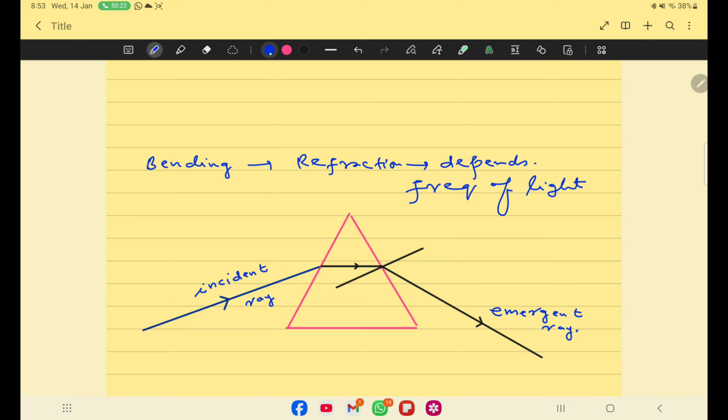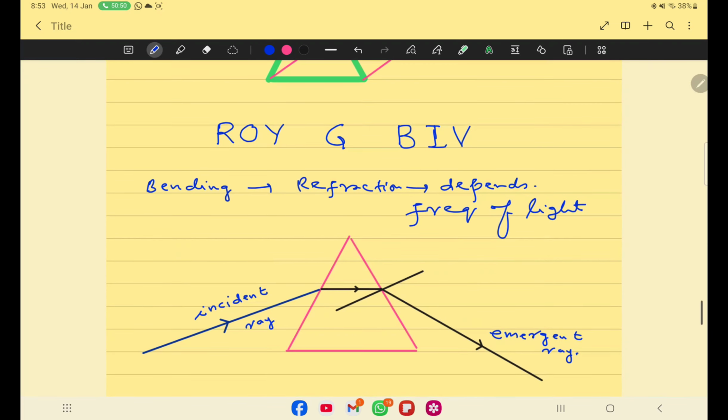And you should know, sir, there are seven colors in white light. These seven colors are ROYGBIV.